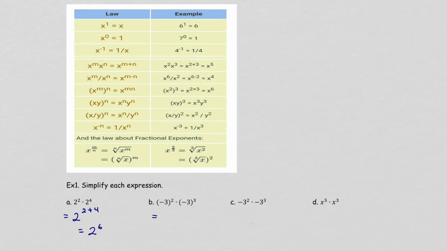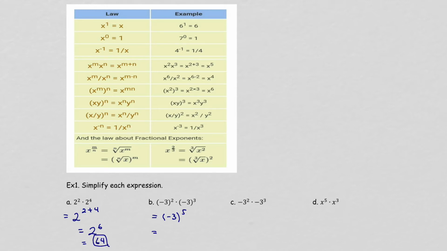This one will be same base with different exponent multiplication, so same as we are adding 2 plus 3, which will be the 5th exponent. If you wanted to go any further, you can use the calculator or do the multiplication and you will get 64 for that one.